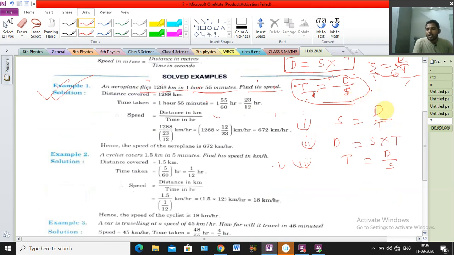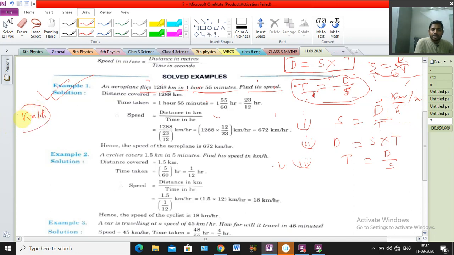So what unit will come, sir? That depends on the question. Basically distance we can consider kilometer, otherwise meter. When distance is kilometer, time will be hour. So I am writing here kilometer per hour.